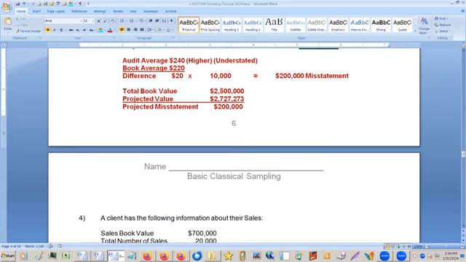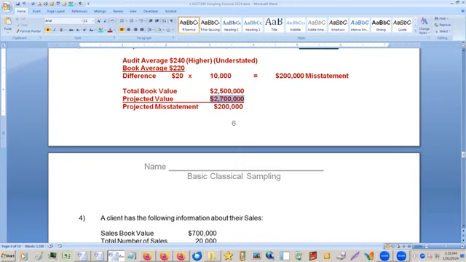So what would the projected value be? It's just 2.3 million, right? Actually, 2.7. Oh, my bad. No, this one's a hard one, because you're getting the misstatement first.